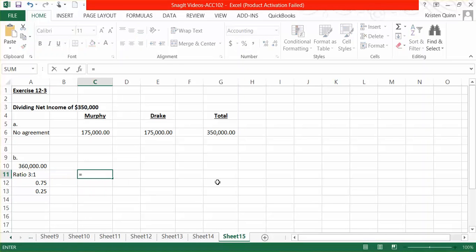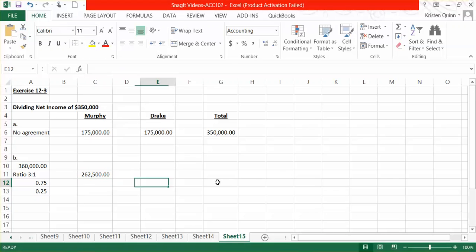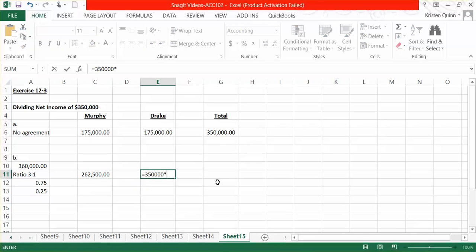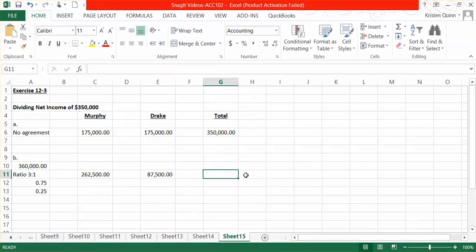So we'll take $350,000 of net income and multiply it by 75%. And we'll take the $350,000 of net income and multiply it by 25%. Again, remember, in the total column, it always has to equal back to the full $350,000 of net income.